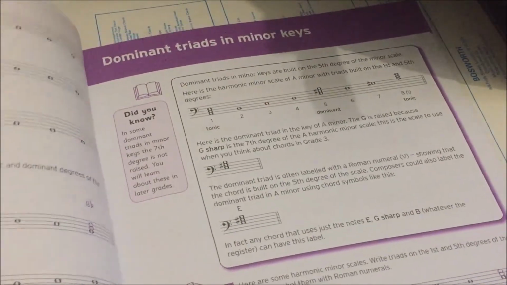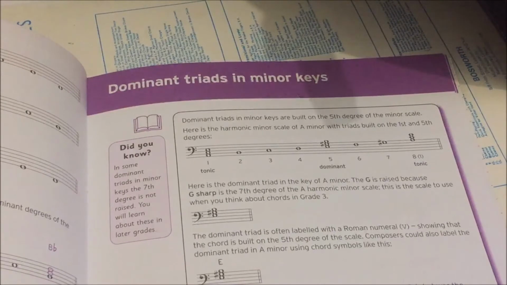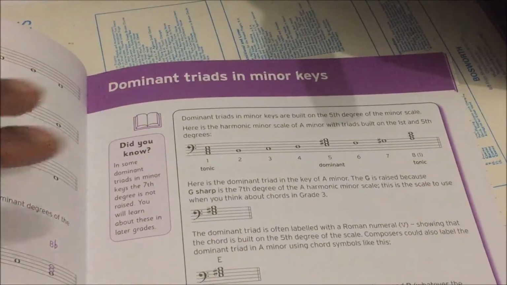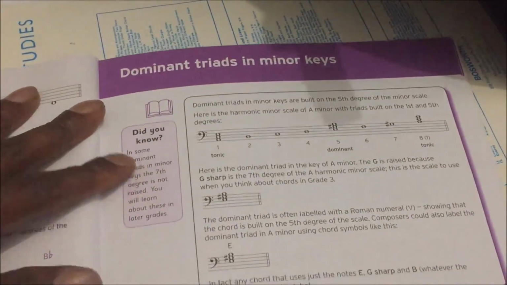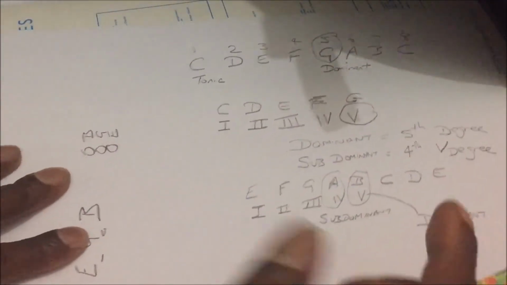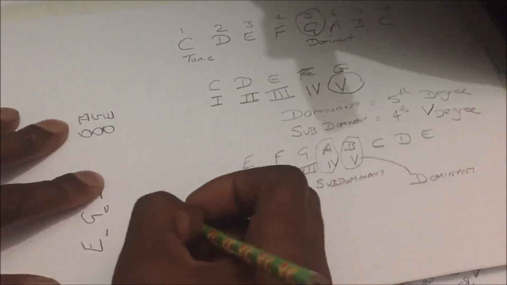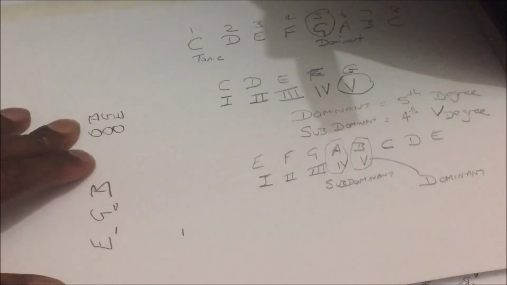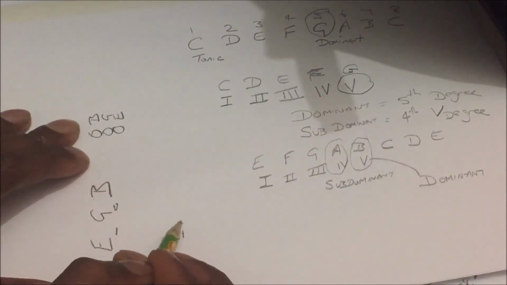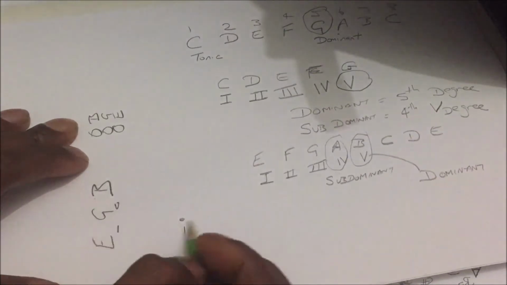Now it says minor triads. Minor triads in minor keys. Sorry, dominant triads. Dominant triads in minor keys. In minor, the tonic is, can you see that? A small i. Small i means minor.